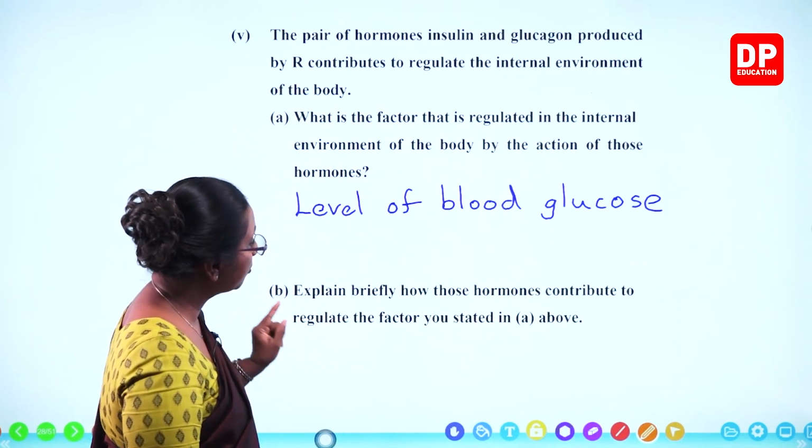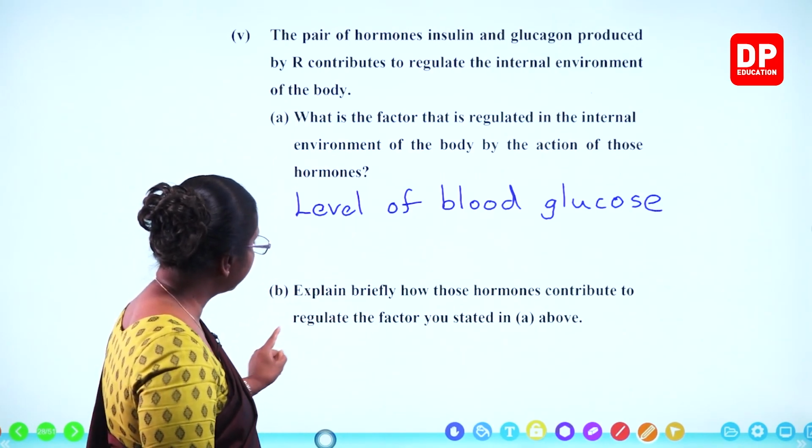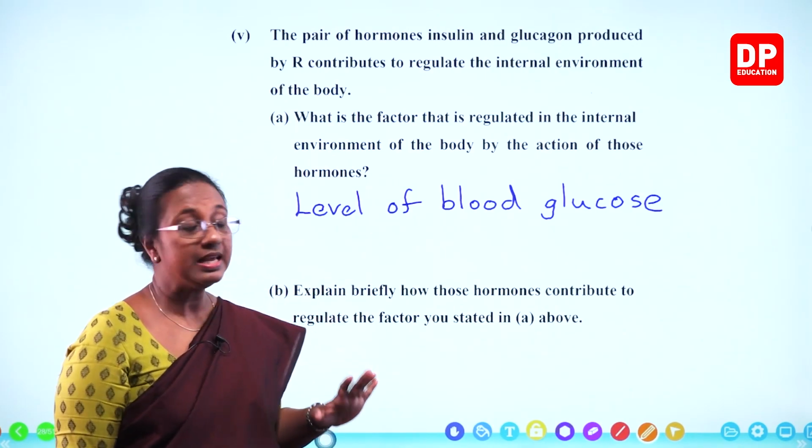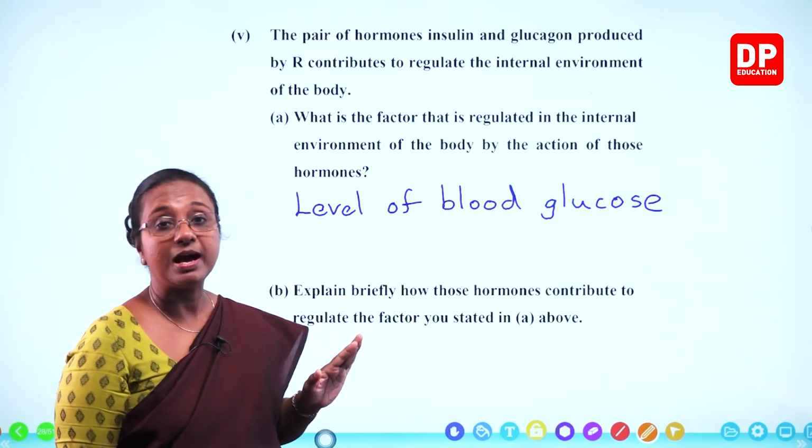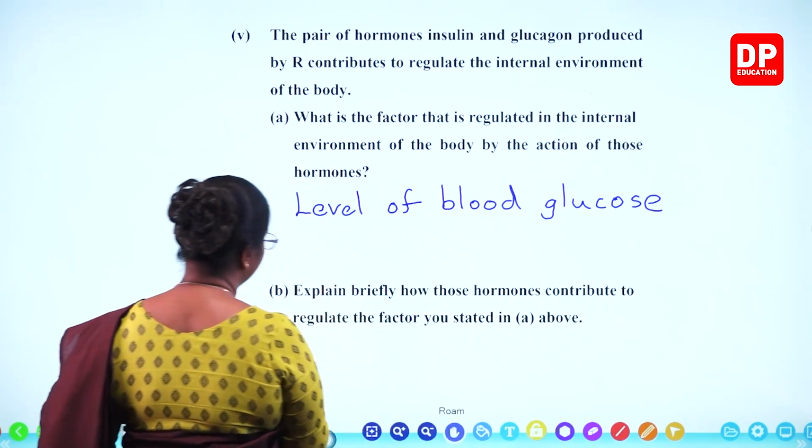Then B part. Explain briefly how those hormones contribute to regulate the factor you stated in A above. So the level of blood glucose, how do they regulate it?